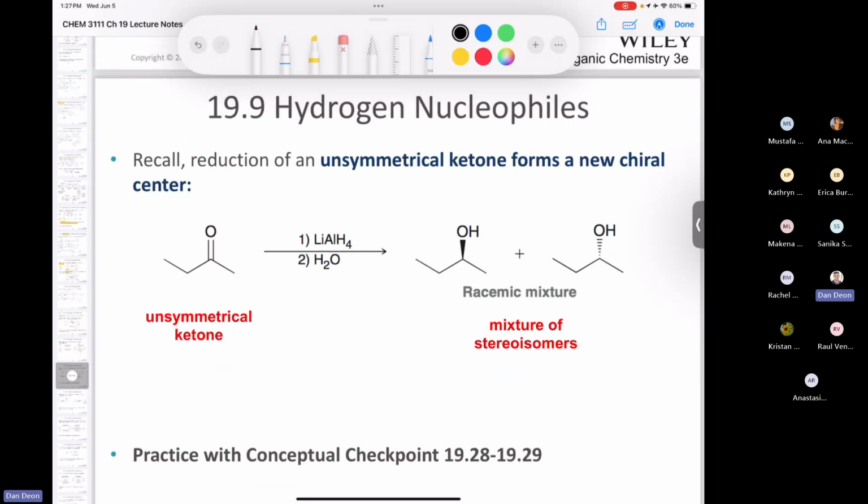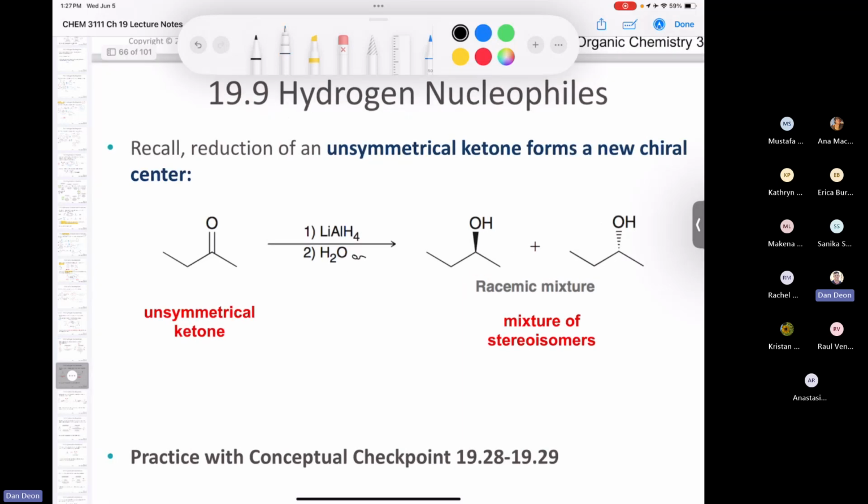And something that you want to keep in mind is what if you have an unsymmetrical ketone and you reduce that with lithium aluminum hydride followed by treatment with water or aqueous acid? Well, in that case, when you have the lithium aluminum hydride ion, AlH4 minus, like this, the hydride can attack from the front face of the molecule or it can attack from the back face of the molecule.